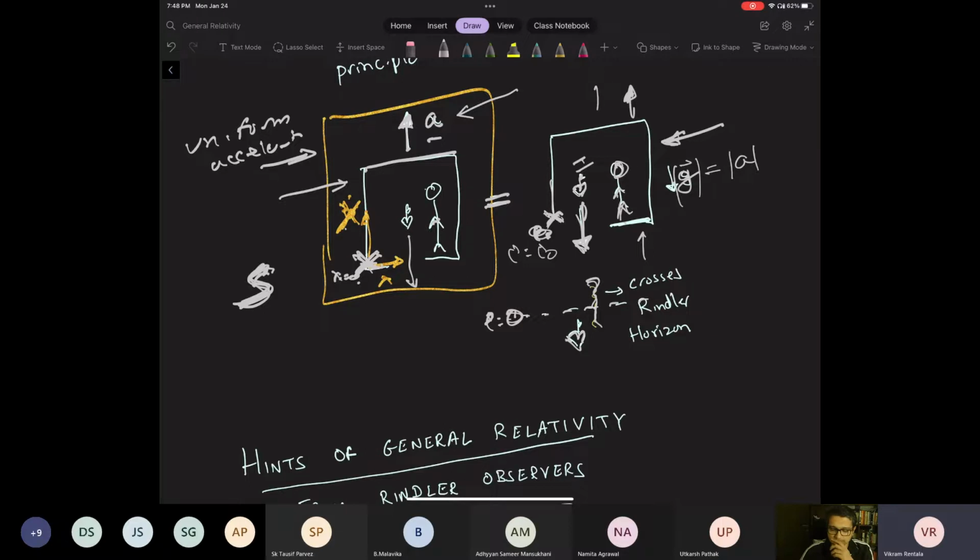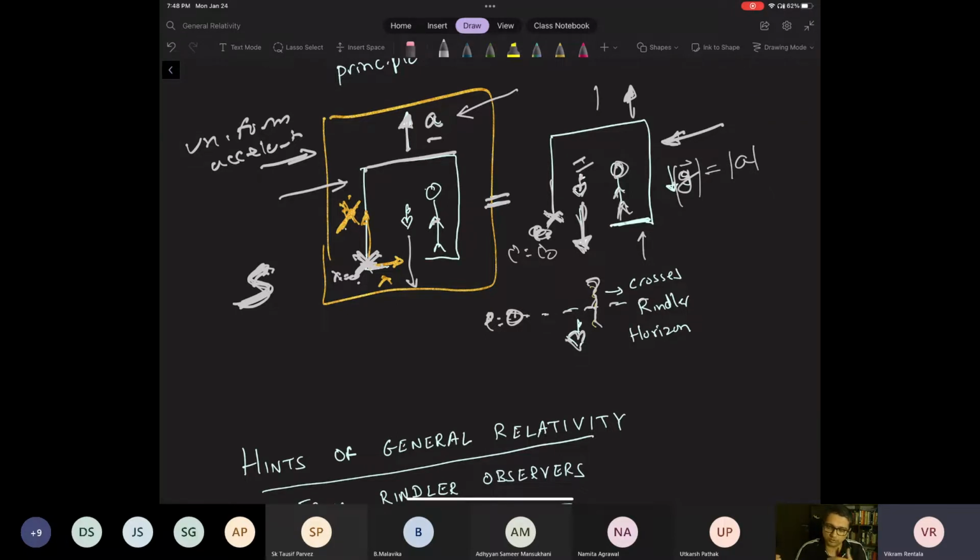Is this clear? What we did was to go from acceleration in Newtonian mechanics to accelerated reference frames in special relativity. And what we've seen in special relativity is that there are peculiar features of accelerated reference frames, like the existence of Rindler horizons.